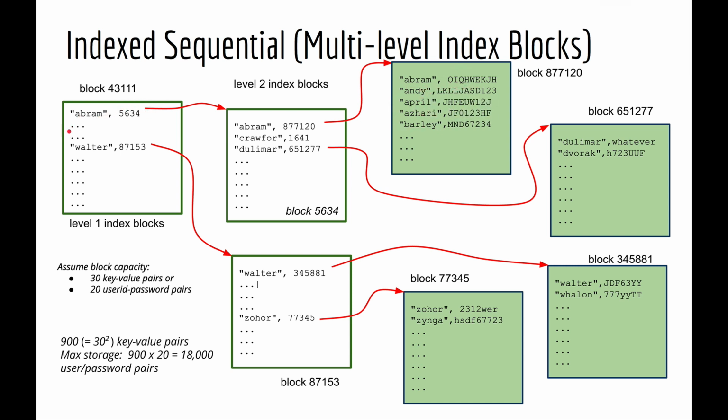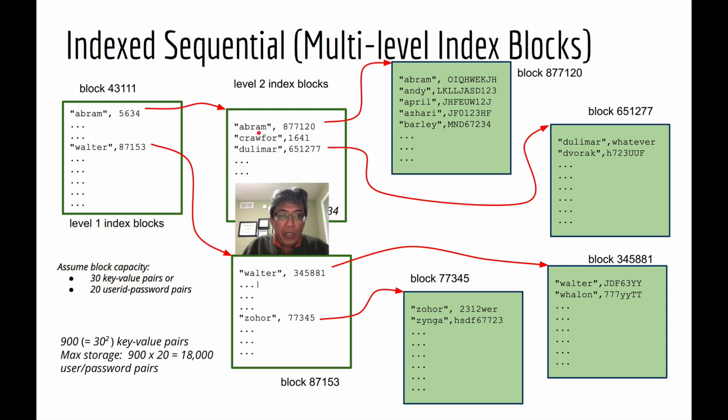In this illustration, the top level index block shows two entries, one for Abram and one for Walter. This entry shows a group of users starting from Abram all the way to a user before Walter. So this entry here should be the user ID before Walter.